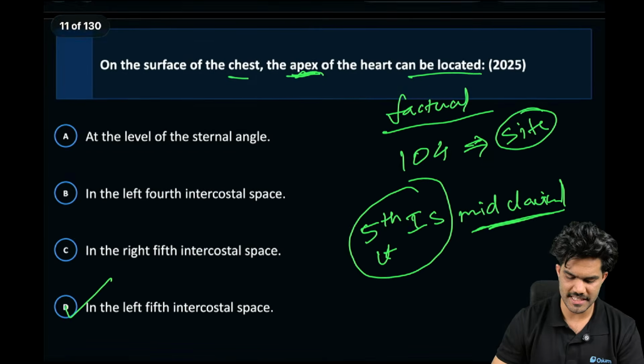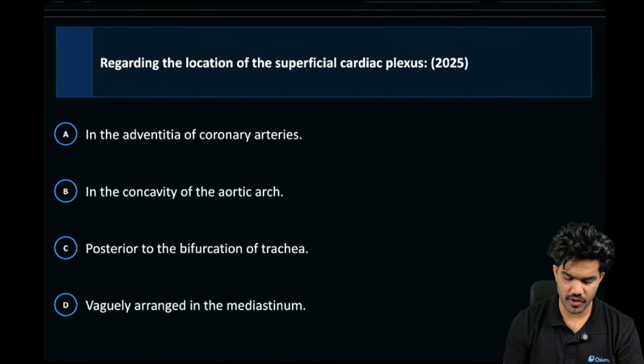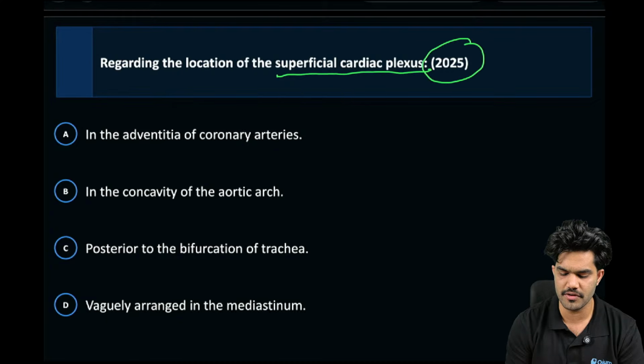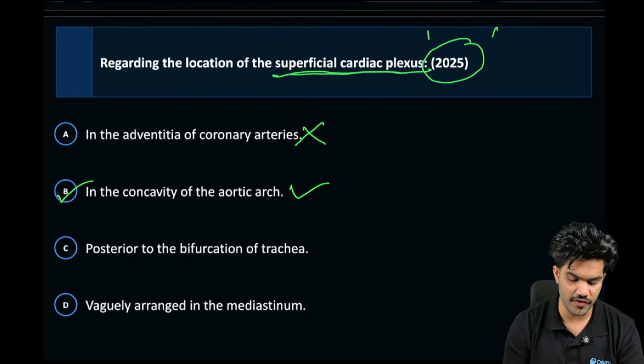Okay, easy question, guys. Next question, regarding the location of the superficial cardiac plexus. See, this was asked in 2025. Easy question. In the adventitia of the coronary? No. In the concavity of the aortic arch? Yes, it is in the concavity of the aortic arch.